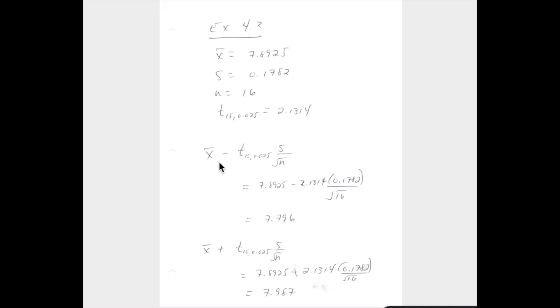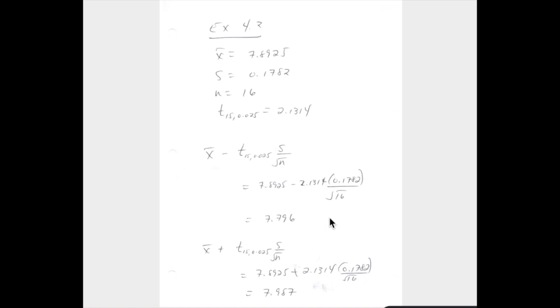And so now we calculate via this formula the value of that lower confidence limit, and we get a lower confidence limit of 7.796. So we could say that we are 97.5% confident that the true mean weight of peanuts being dispensed by the machine is greater than or equal to 7.796 ounces.